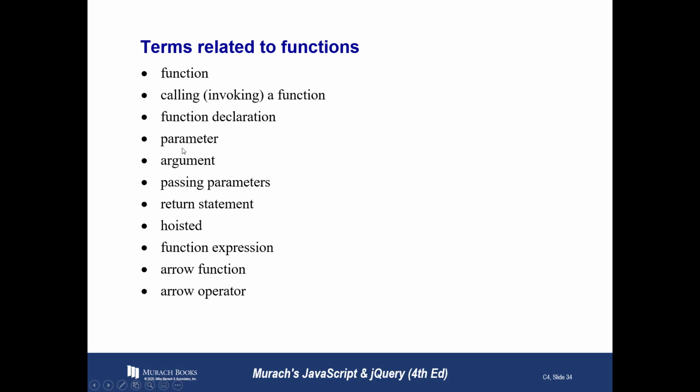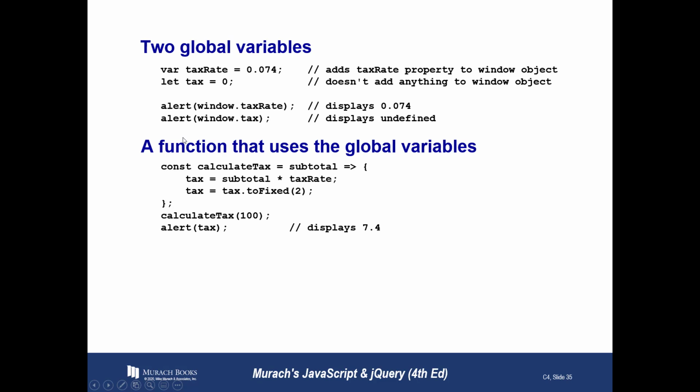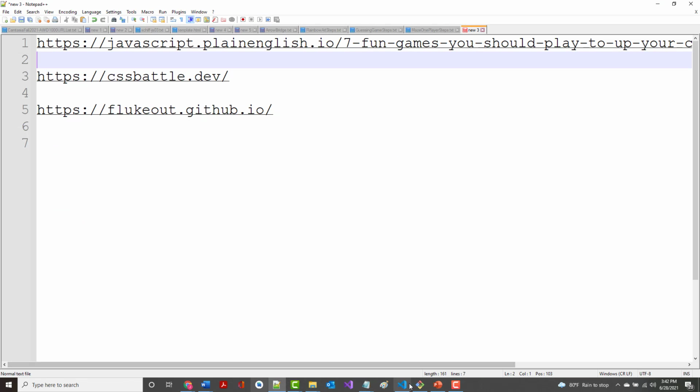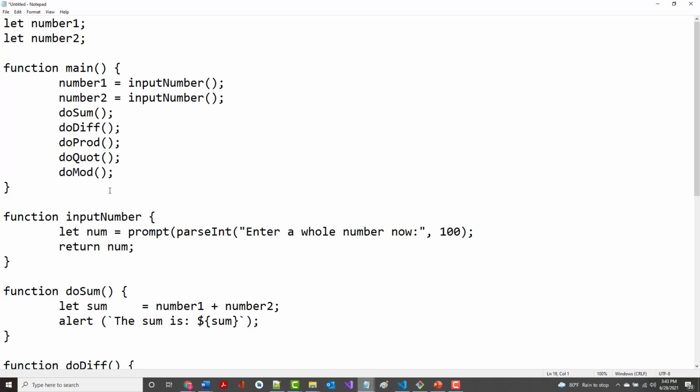All right, so here's some terminology regarding functions. Global variables are variables that are defined outside of any function. If you remember the example that I went through before, number 1 and number 2 are global because they're defined outside of anything.